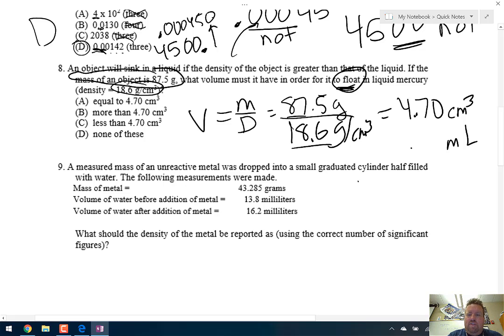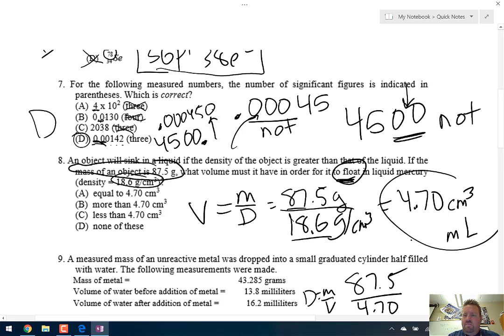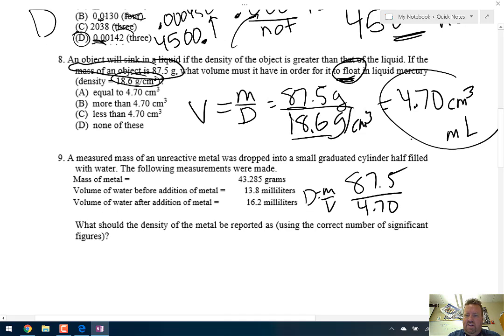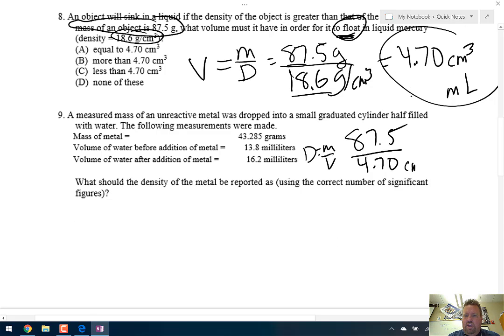So let's think about this. If we have 87.5, that's the mass. We know that density equals mass over volume. If we have the mass and the volume is 4.70, again, it's going to be close to that, but it's not going to be exactly that, in cubic centimeters. And we need the number to be a little bit less than 18.6.